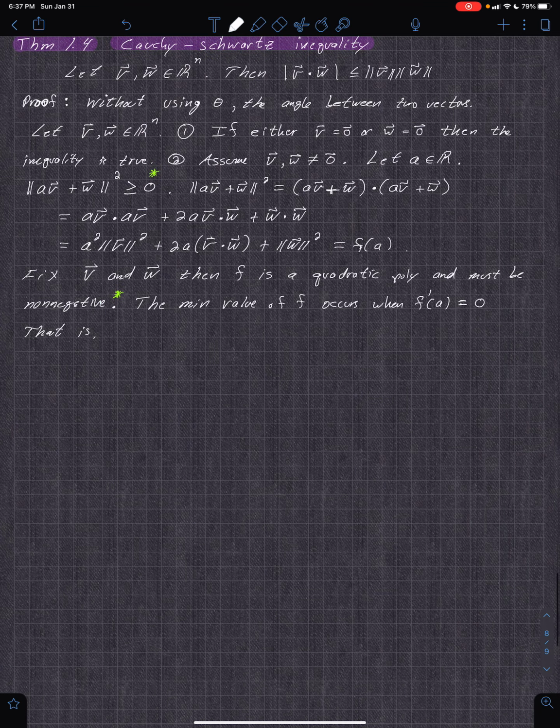That is, f prime of a equals, and now I'm just taking the derivative with respect to a, right? So it's just 2a magnitude v squared plus 2 v dot w, and then that other was a constant, so it's gone, equals 0.